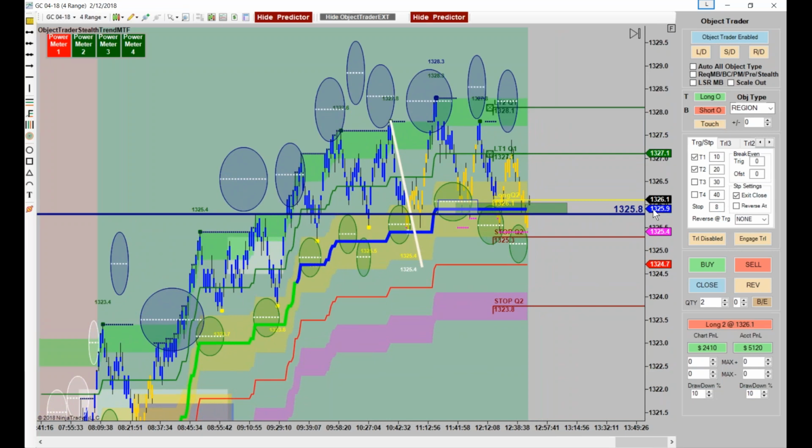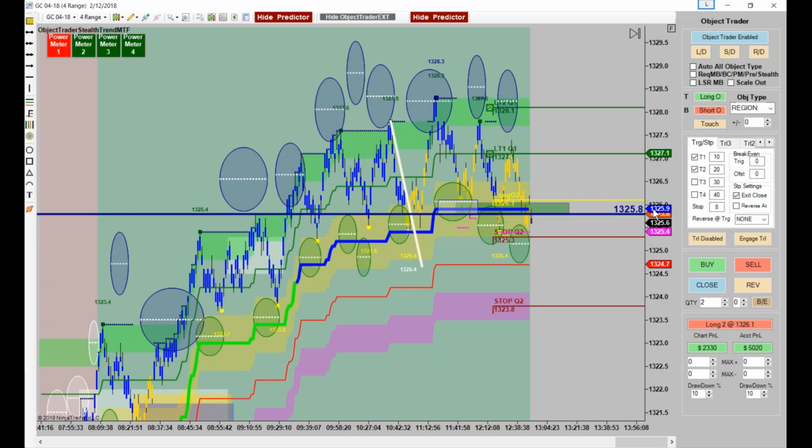But that's the way you can actually do these predictors. And I'll bet you, if you actually tried this again on the next predictor, it probably worked. Even when they're sideways like this, just don't get greedy with it, and understand that since that didn't make higher highs and everything just then, we may not just keep going up.